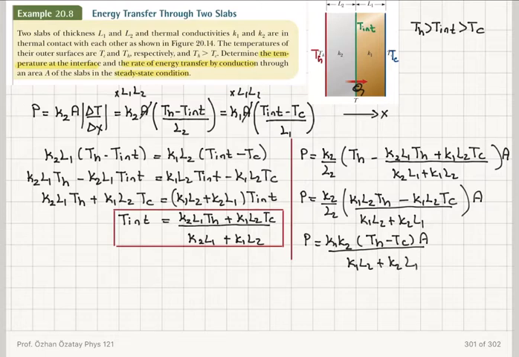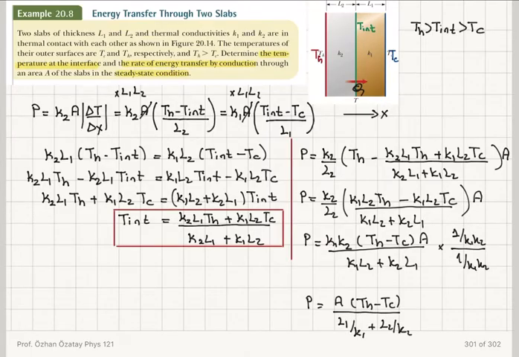So what I'm going to do is divide the top and bottom by K1 K2. So I will find that the power is then area times (T hot minus T cold) divided by (L1 over K1 plus L2 over K2).